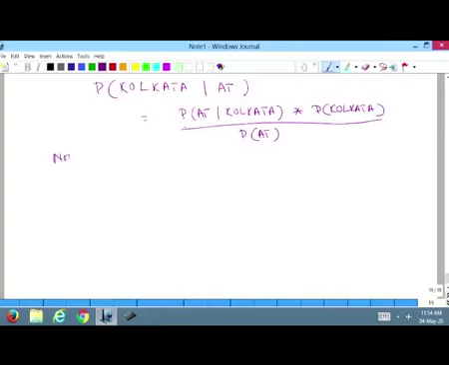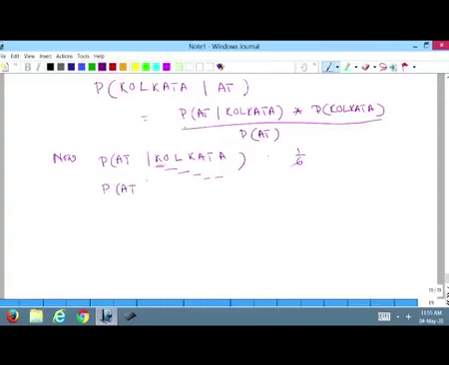Now, probability of AT given Kolkata is equal to, there are 1, 2, 3, 4, 5 and 6. There are 6 possible pairs of successive letters. Therefore, this probability is 1 by 6.